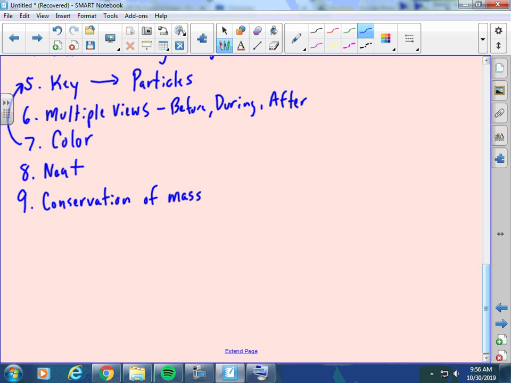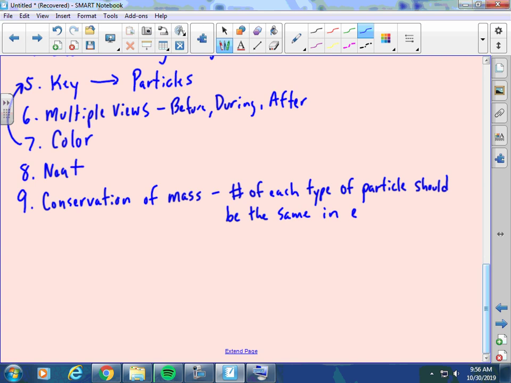The number of each type of particle should be the same in each view. We talked about systems, open systems, closed systems. You can have particles leaving a system, or entering a system, but they should still be somewhere in that view. Does that make sense?